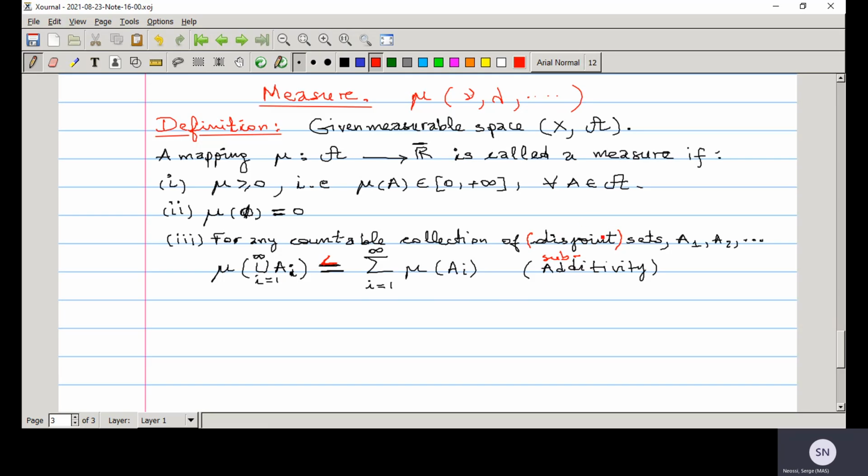But if you don't mention that, the definition you'll be using is subadditive.